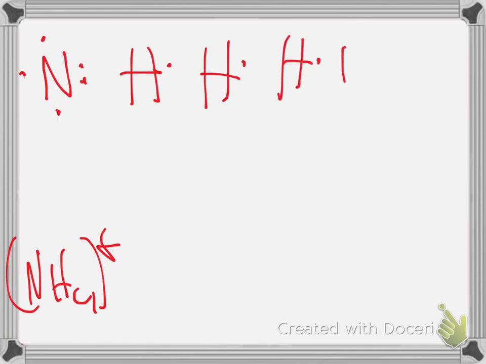So if we're counting this up at this stage, we would say that it should have 9 valence electrons. Instead of doing that, we're going to say that it should have 8 because we know that our end product needs to have a positive 1 charge. So we're going to subtract an electron from our total. So instead of saying 9 valence electrons, we're going to instead say 8 valence electrons.